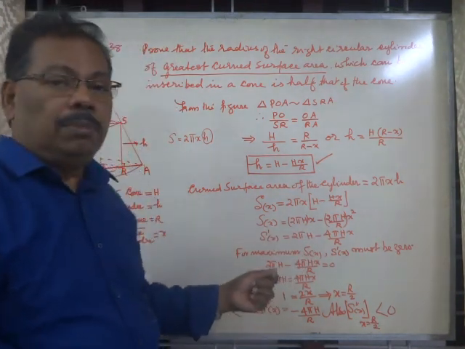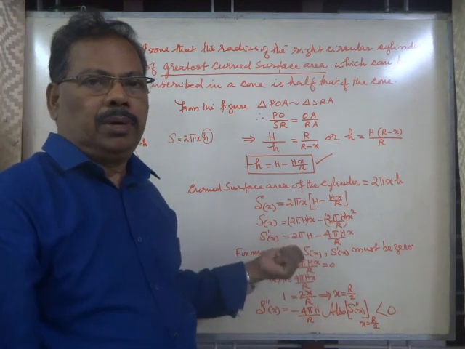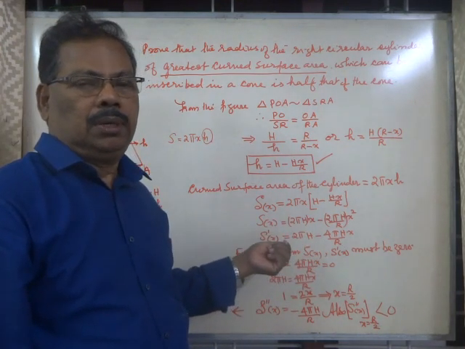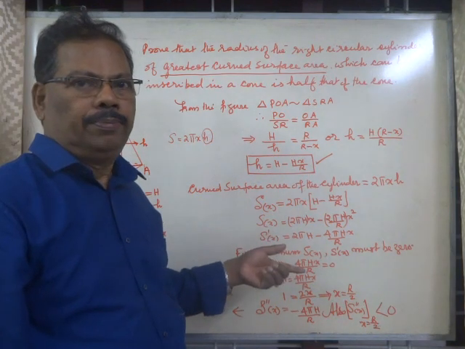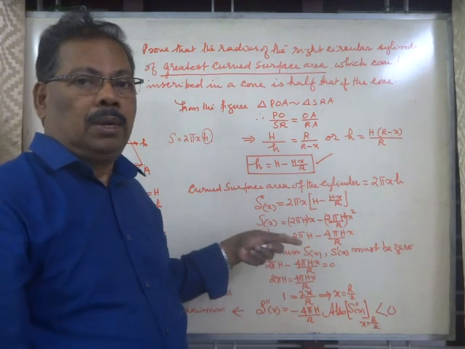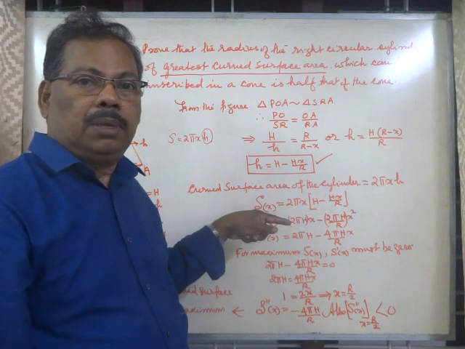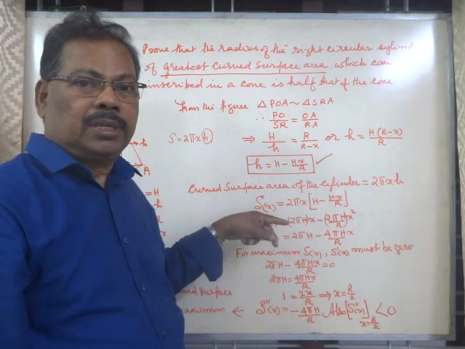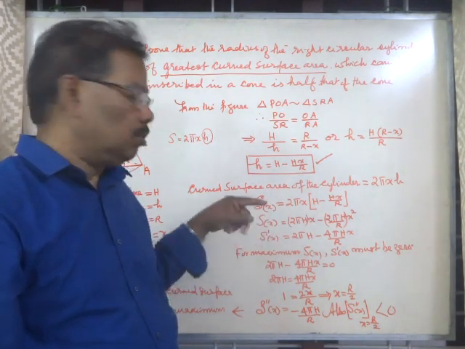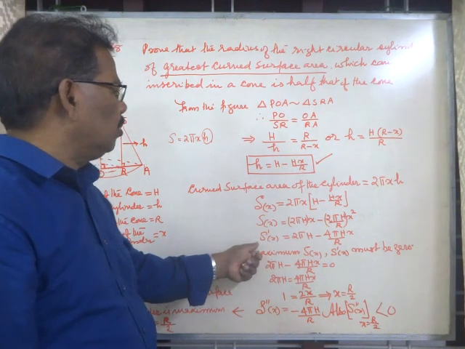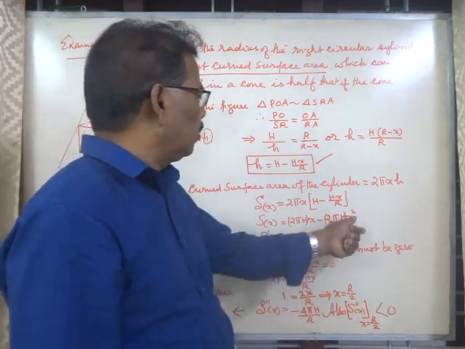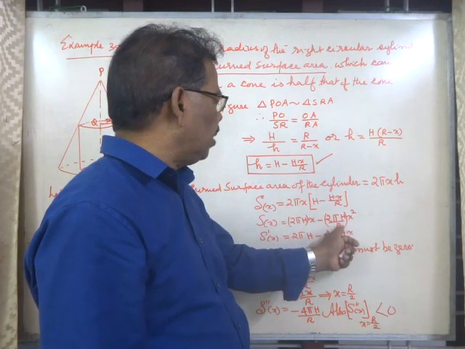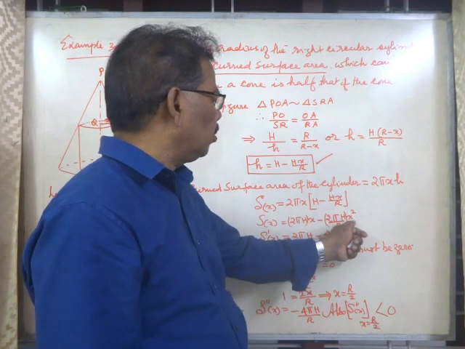For maximum or minimum of a function, we have to get the first derivative, and when the first derivative becomes 0, at that particular point the tangent will be parallel to the x-axis. S dash x is equal to 2 pi H minus 2 pi H by R into derivative of x square, which is 2x.